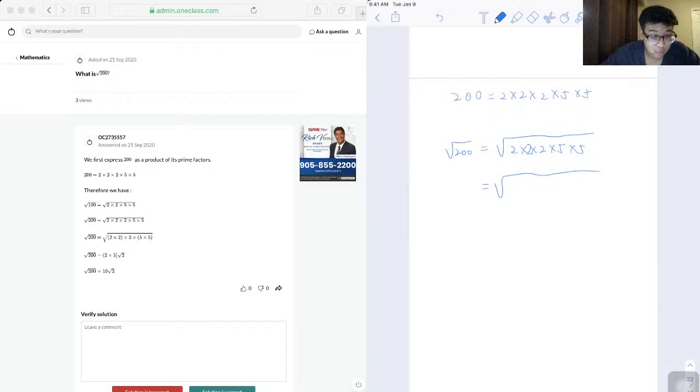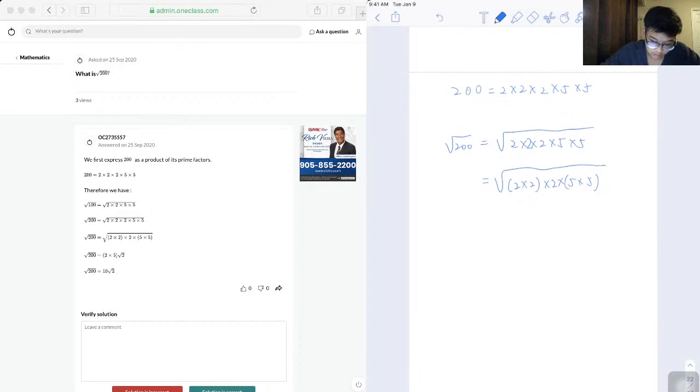And we use a bracket to group the first two 2s and the last two 5s, because recalling that the square root of 2 times 2 is going to be 2.